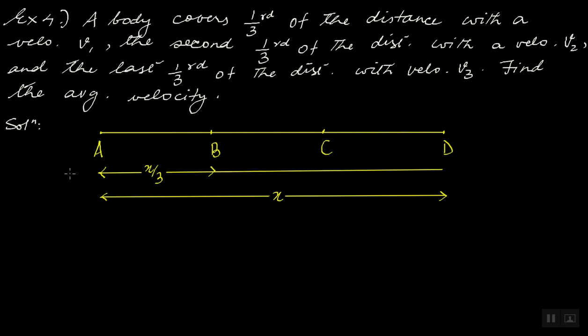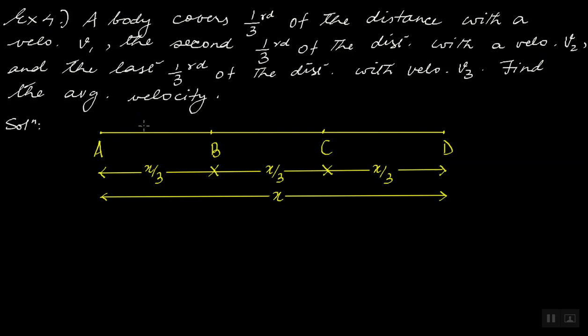Then from here till here, that is also another 1/3 of x, so that is x by 3. From here till here, that is the last 1/3 of x, x by 3.